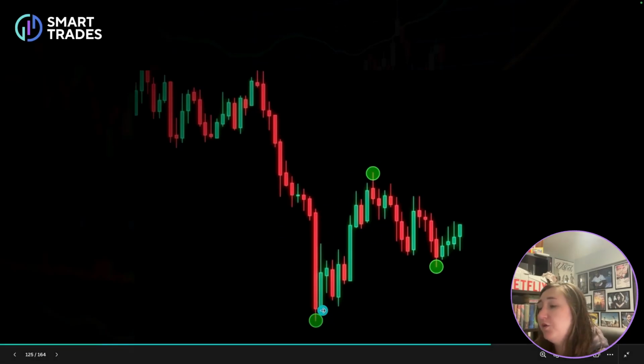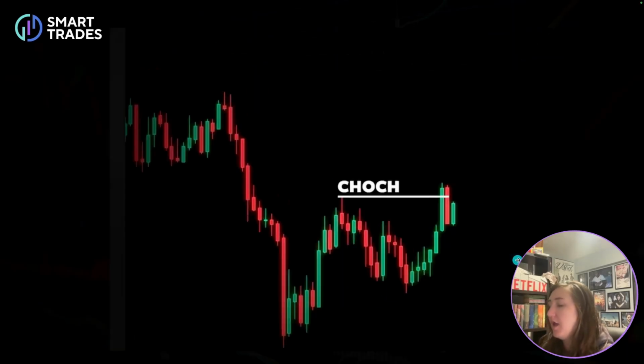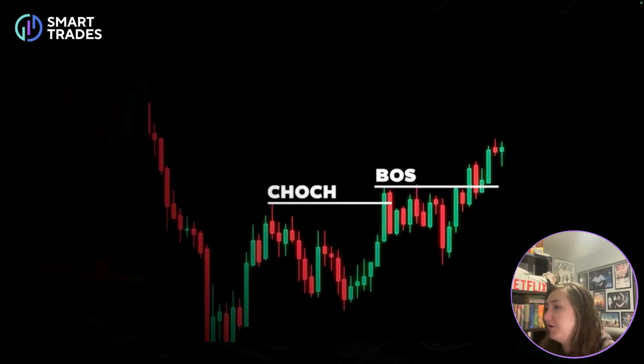So our first kind of signal is we are getting some higher lows here, and we're also getting a higher high potentially as well. So now we officially have this change of character taking place, meaning it came back down, pushed back upward, coming past this point, and now we can potentially look for a reversal to the upside for long entries here.